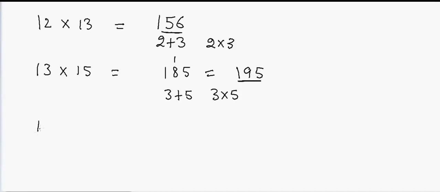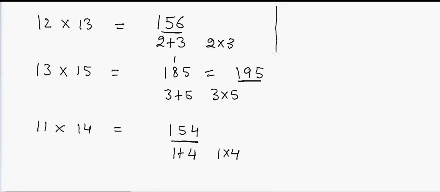Again, if I have 11 and I want to multiply by 14, then that will be 1 plus 4, it's 5, and 1 into 4 is equal to 4. The answer is 154.